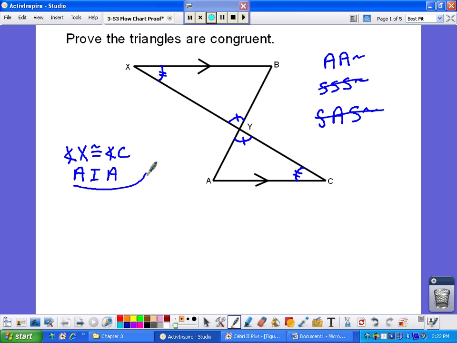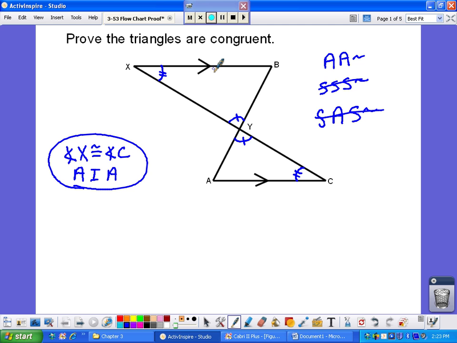Now, purists would say you'd have to write out that you know these two lines are parallel. Well, it's a given. I don't think you need that step. Just don't waste a bunch of time writing out the given. So that's true because of alternate interior angles.